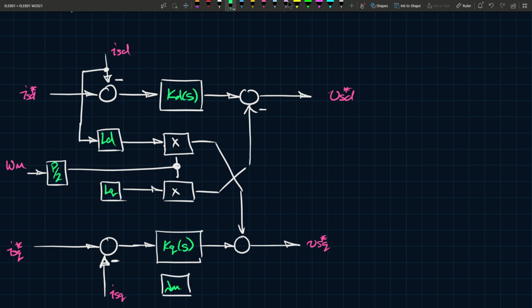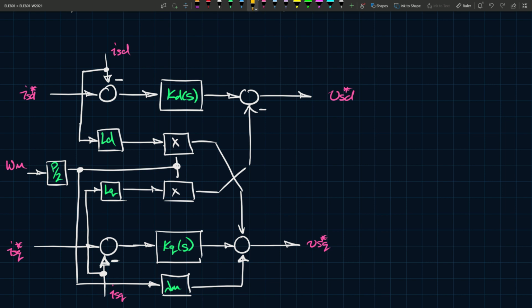This is lambda m, and so lambda m will be multiplied with omega, and then the result of that will be added here, like so. And then the last thing we need to do is incorporate this ISQ feed forward there. So this is the overall control sequence with feed forwards and everything.